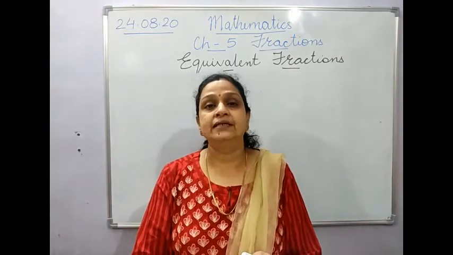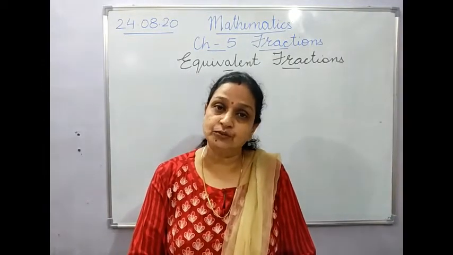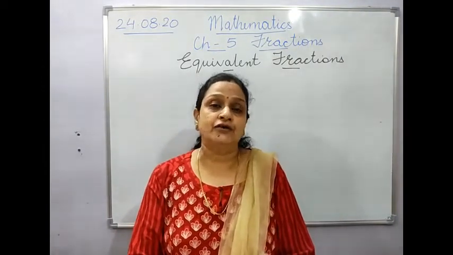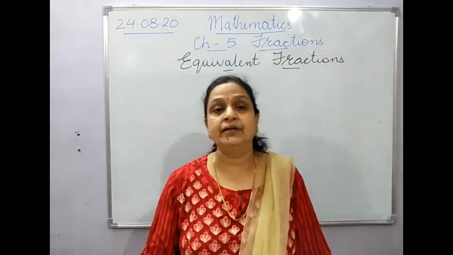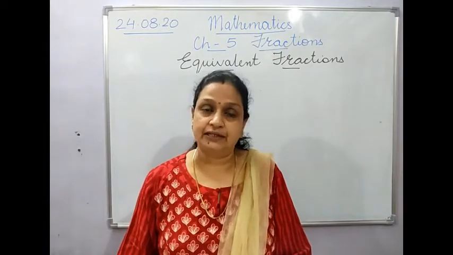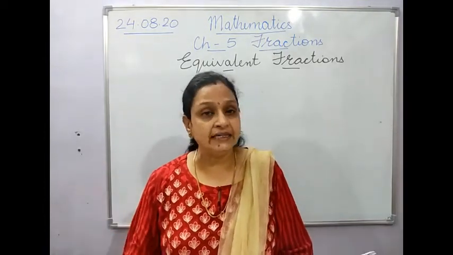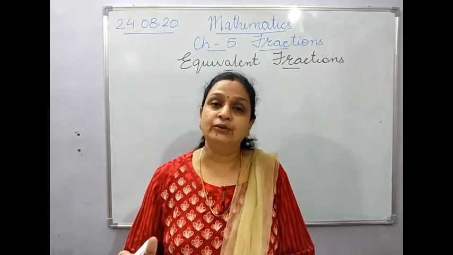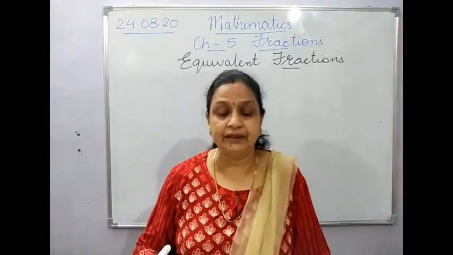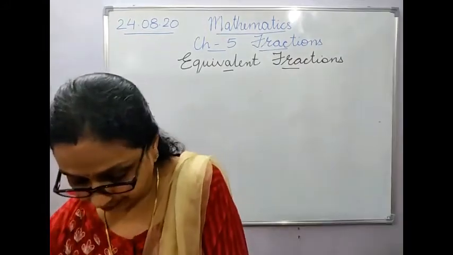There are two methods by which we may be doing, but I will be telling you the simplest one. In that case, whatever the numerator and denominator is given, you have to find out the factors for it and you divide them. Or you find out the HCF for them and you divide both of them. But I'll tell you the simple method of doing that. Now see this, I'll take the example.